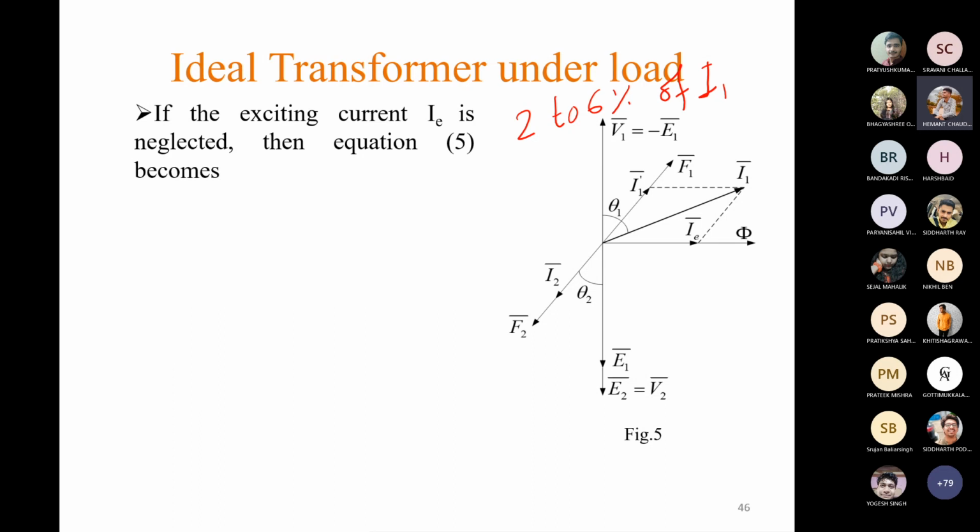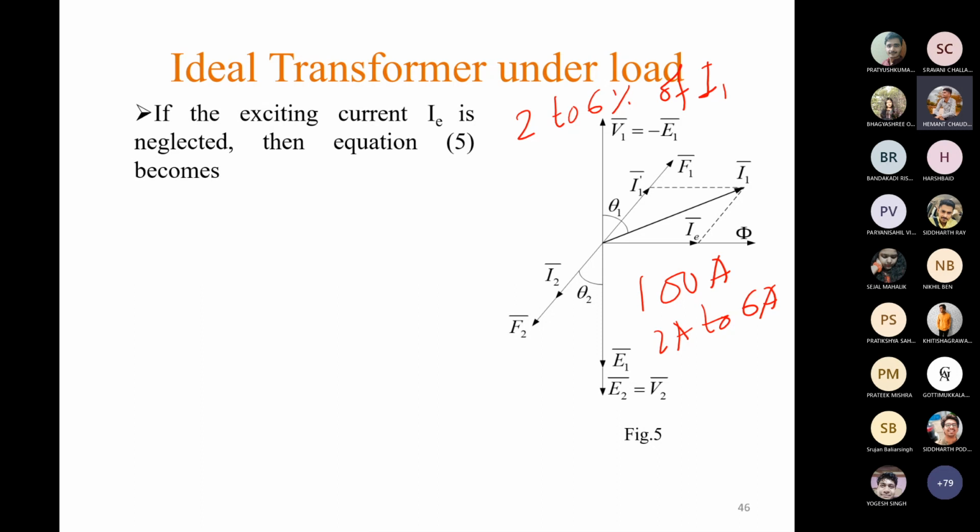Suppose the primary current is 100 ampere, so the exciting current will be 2 ampere to 6 ampere. In comparison to this 100 ampere, this 2 to 6 ampere is very low, so we can neglect this exciting current.